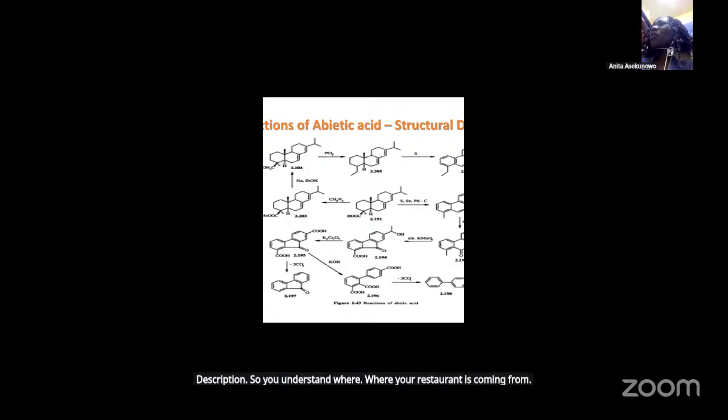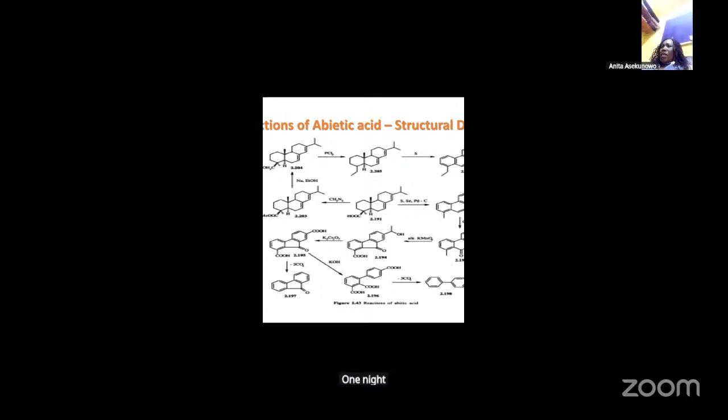Structure 2.191 is actually abietic acid. Follow it from there, and then be able to know two or three reactions of this abietic acid.